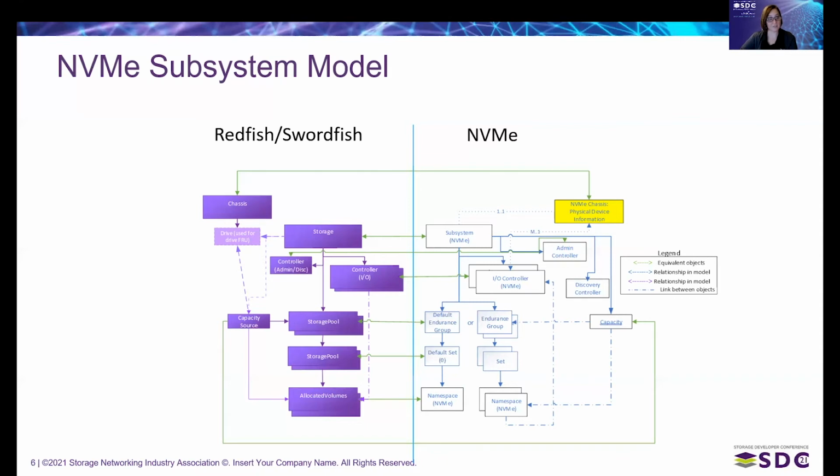In the NVMe space, a controller is more of a logical construct. We've kept that mapping anyway for the consistency we're looking for here, and it honestly works pretty well. The other objects you can see we use are volumes, pools, and chassis representations for physicals. All of these map then to these objects in the NVMe space.